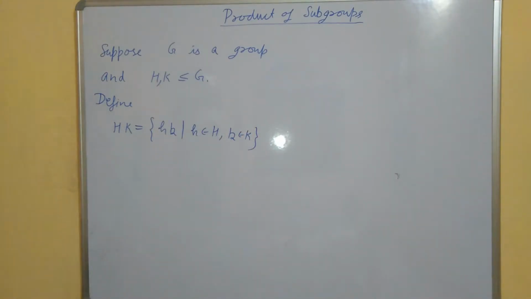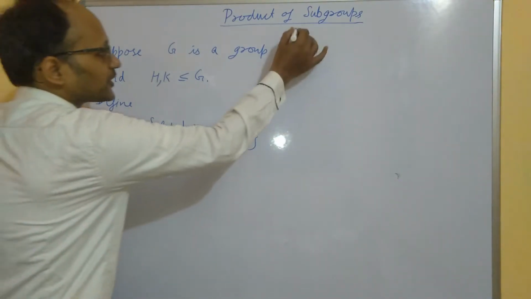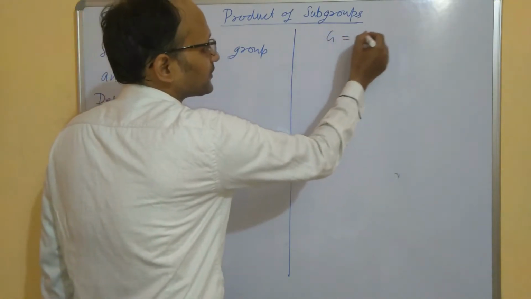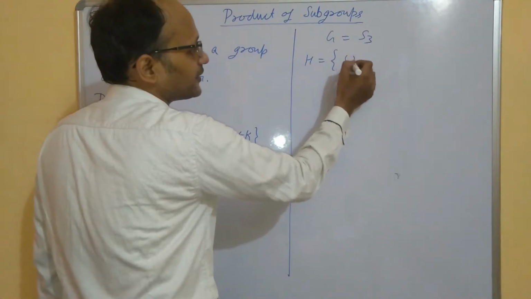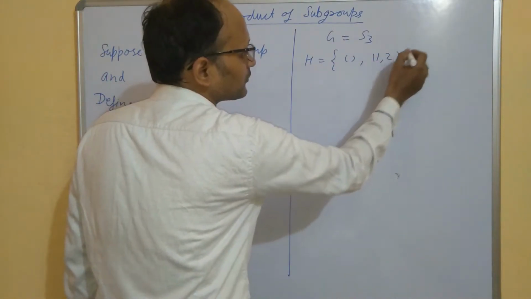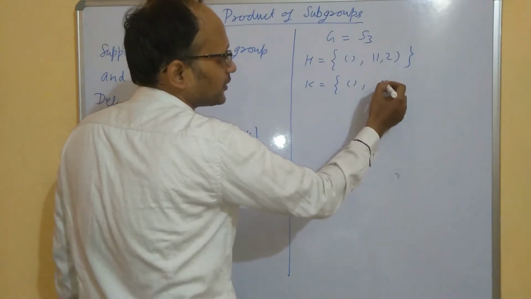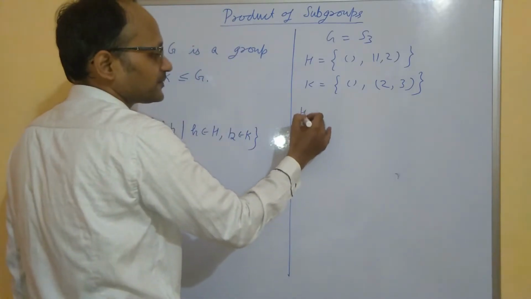So for example, if I take two subgroups, suppose I take G to be S3 and I take a subgroup H to be {identity, (1 2)} and K to be {identity, (2 3)}, then what is HK?